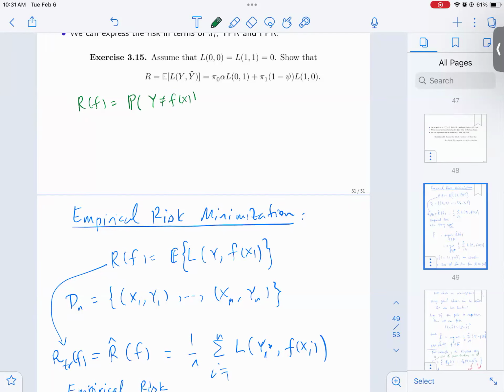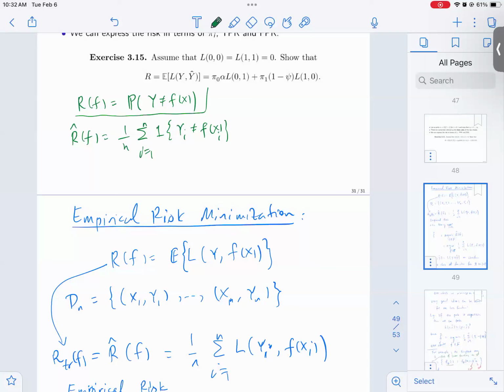So this would be the risk: 1/n, summation i from 1 to n, indicator y not equal to f of x. Right? So do you remember how we went about arguing that the minimizer for this was that optimal rule formula?